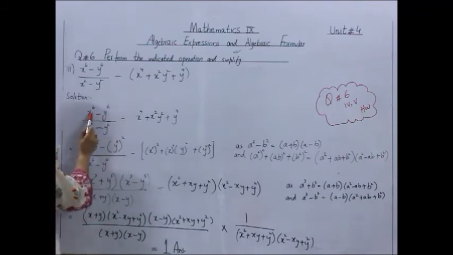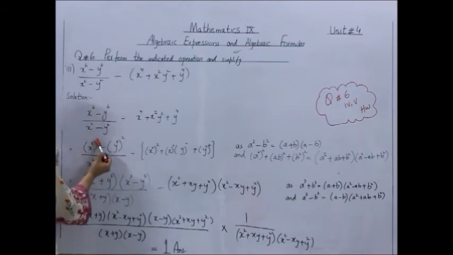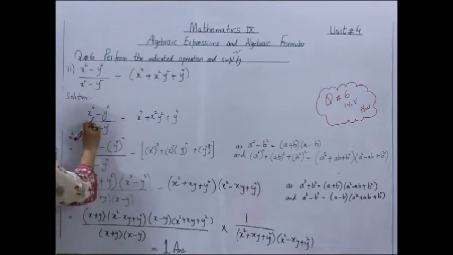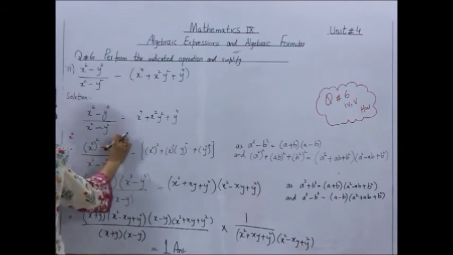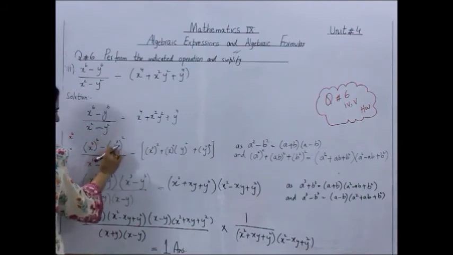Can we write x6 as x3 whole square? See, x 3 2s are 6. This will become again 6, but for making something equal, we put the formula x cube square minus y cube square. It will become x6 minus y6.